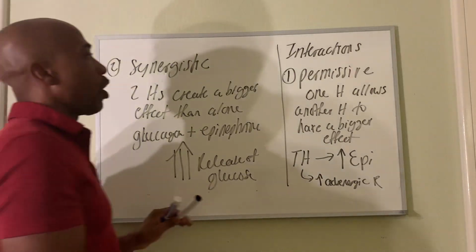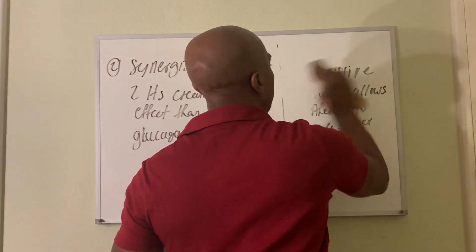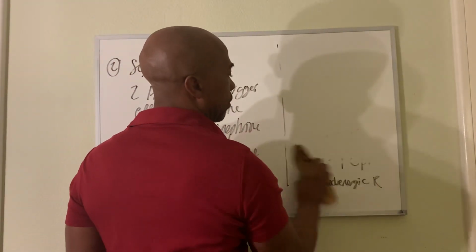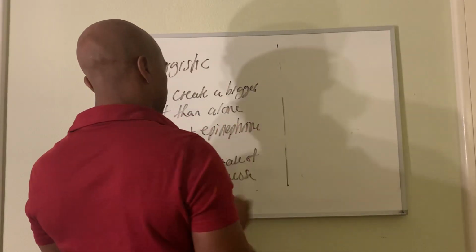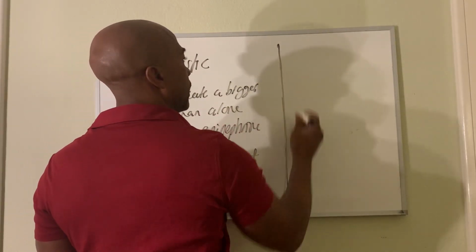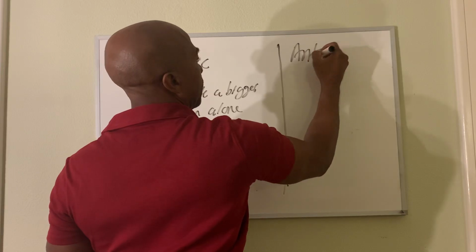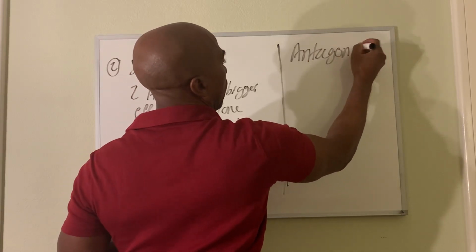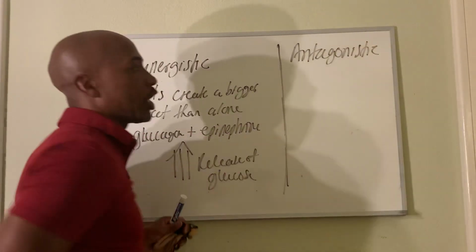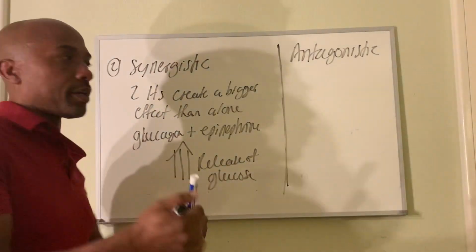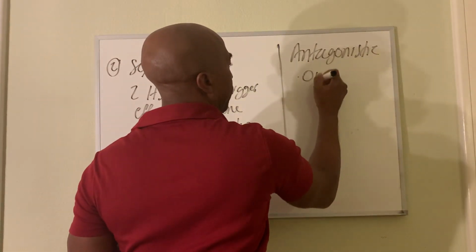And the last one we'll talk about is the antagonistic interaction. So antagonism or antagonistic interactions, here the hormones oppose each other. These are opposing effects of hormones.